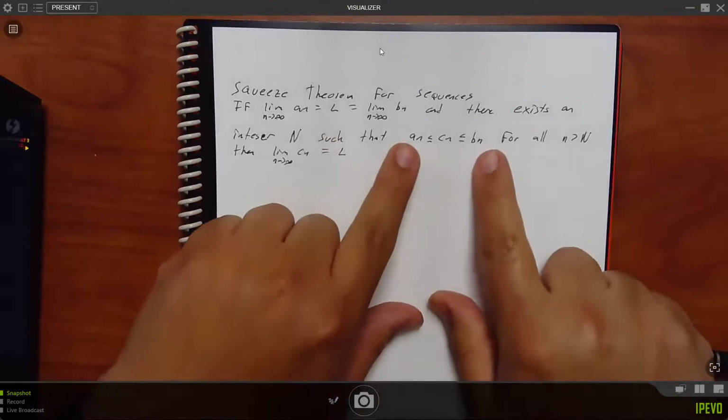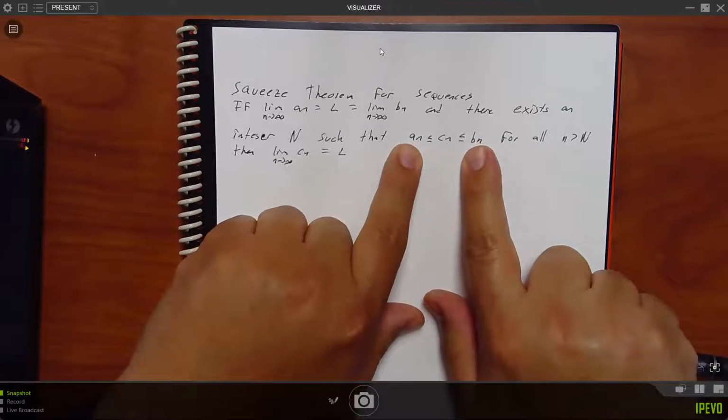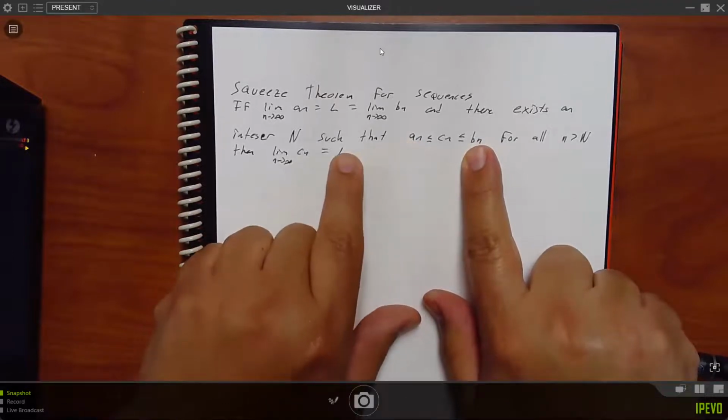So if you know the limits on either end, and it's squeezing the c sub n in the middle, then it will be equal to the same.